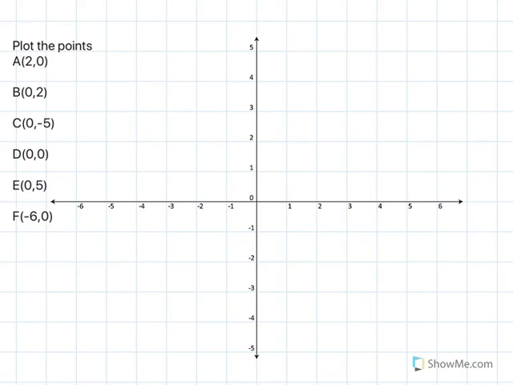In this we have seen that y equals 0, therefore it lies on the x-axis. So 2, 0 would be on the x-axis, and it would be here. This would be A, 2, 0.